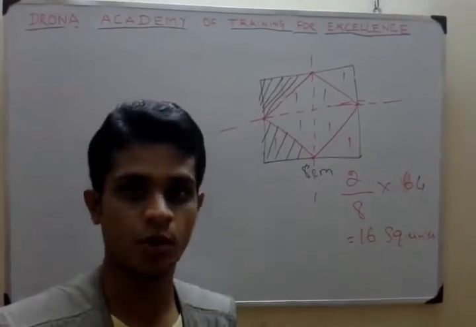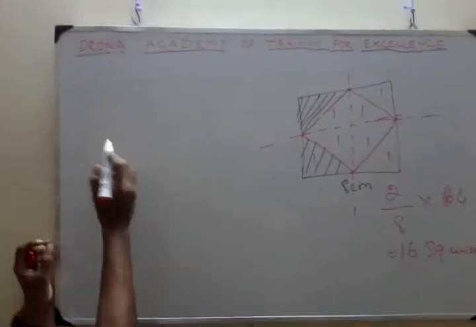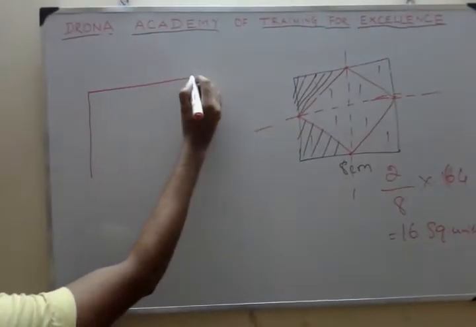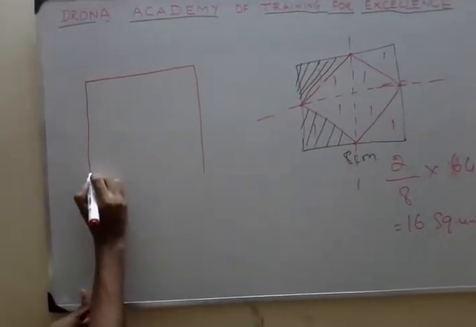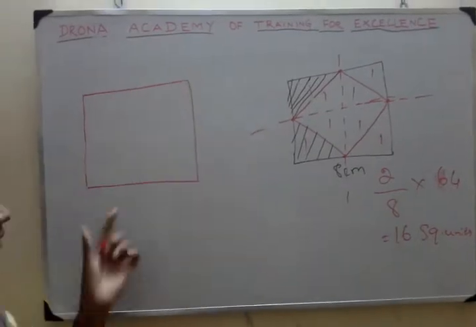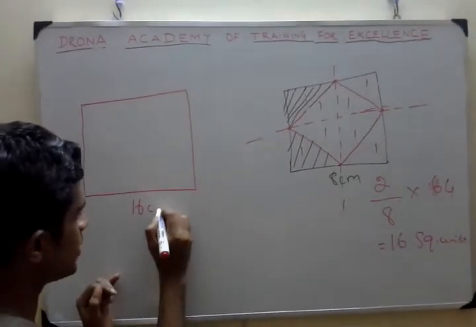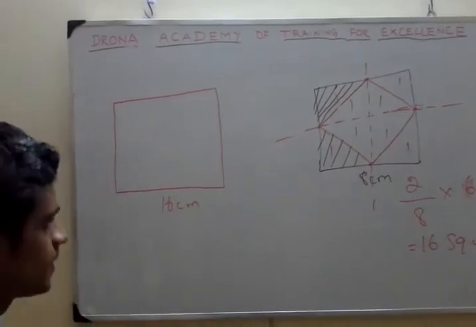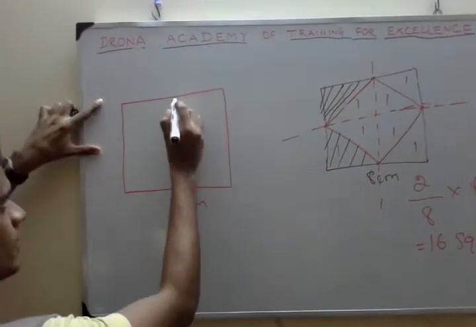Let's take a CAT question. Again, there is a square of side 16 centimeter. Inside the square, there is a circle.